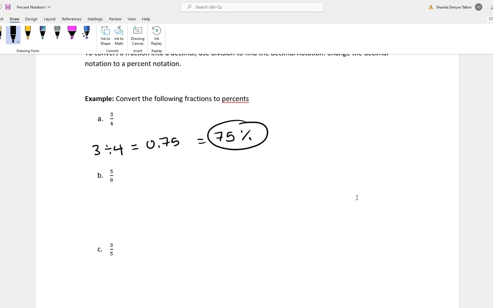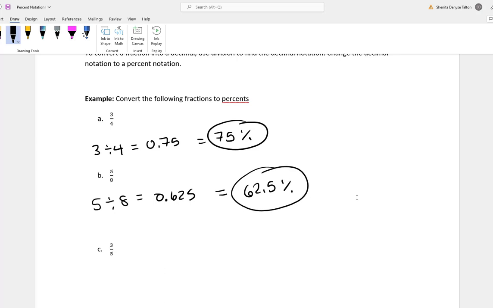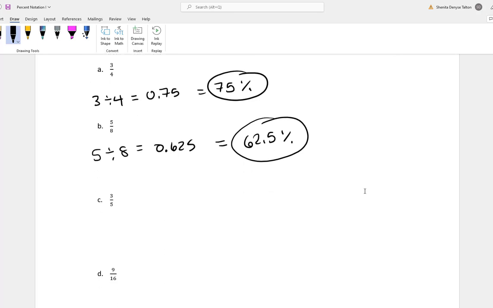The next one is 5/8. That's 5 divided by 8, which is 0.625. Move the decimal over two places to the right, you get 62.5%. The next one is 3 over 5. That's the same as saying 3 divided by 5. That gives me 0.6.